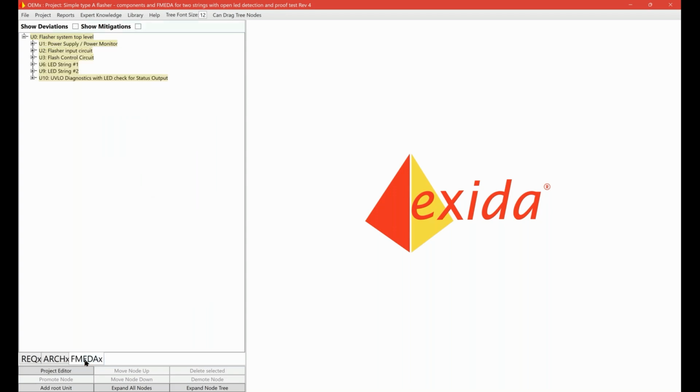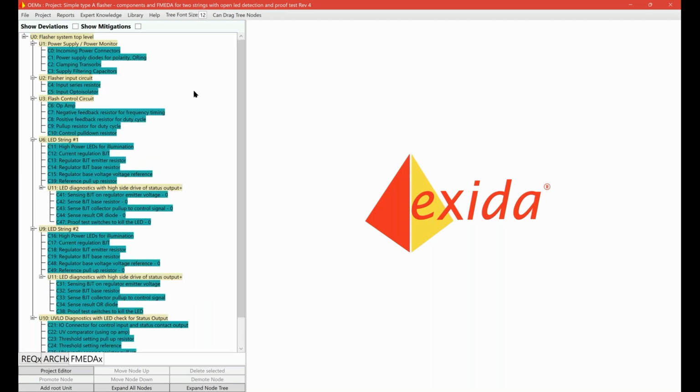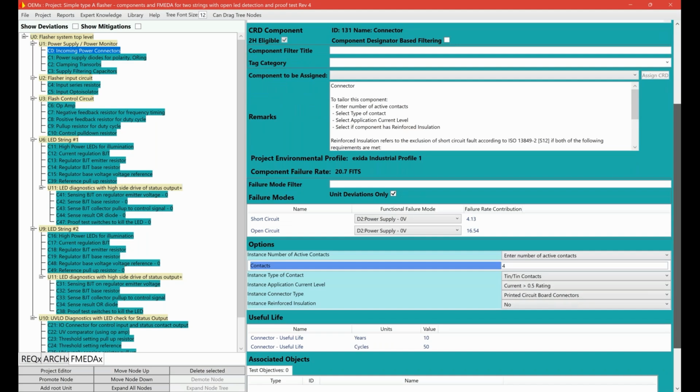We are ready to go to the FMEDA, and you'll see that's where all the components are entered. So let's go ahead and select this incoming power connectors. If you can take a look at this screen, where'd those questions go? There they are. We start out with 20.7 fits.